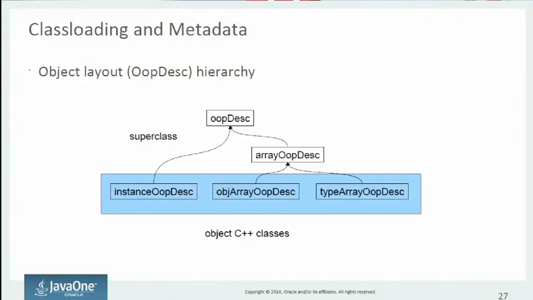There's a parallel hierarchy for oops, called oopDesc, and these are C++ classes that represent the object layout for these specific class types. So an instanceOopDesc is a C++ class that represents the way an instance object is laid out, so the fields that we reference as we execute our Java program.